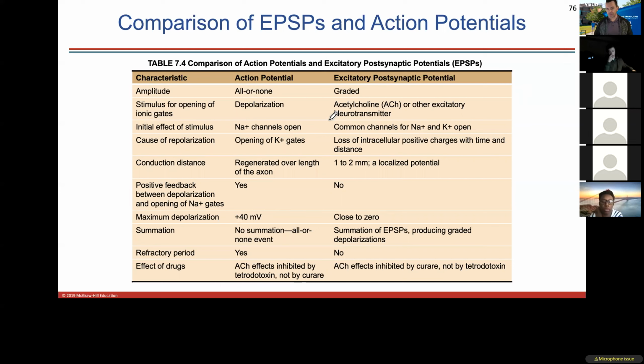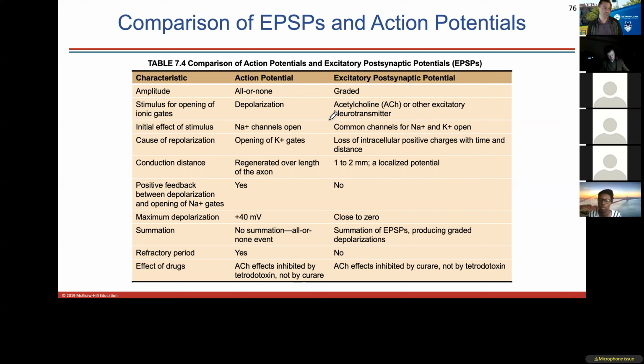The book does a great job of putting fantastic tables in there that sum up everything. So when we think of an EPSP, an excitatory postsynaptic potential, you think of electricity being generated and electricity traveling. And if you're sitting there contemplating, you're like, an action potential is the same thing.